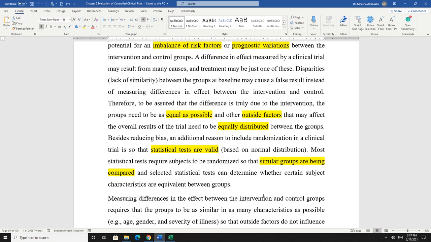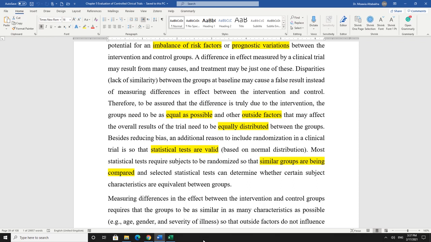Number two, I want the risk factors, for example age, sex, etc., to be balanced in the two groups. I don't want more hypertensive patients in one group than the other, or more females in one group than the other. So I want to balance these things. This is also something I have to consider when I do randomization.